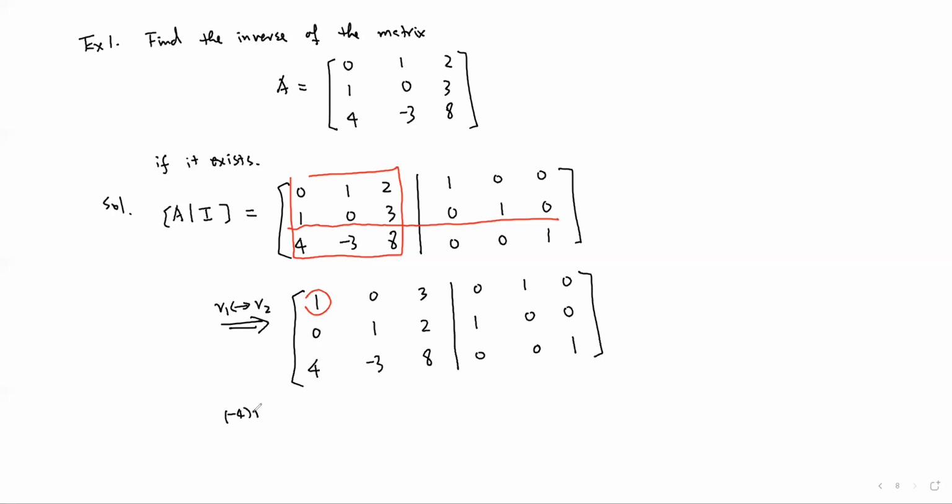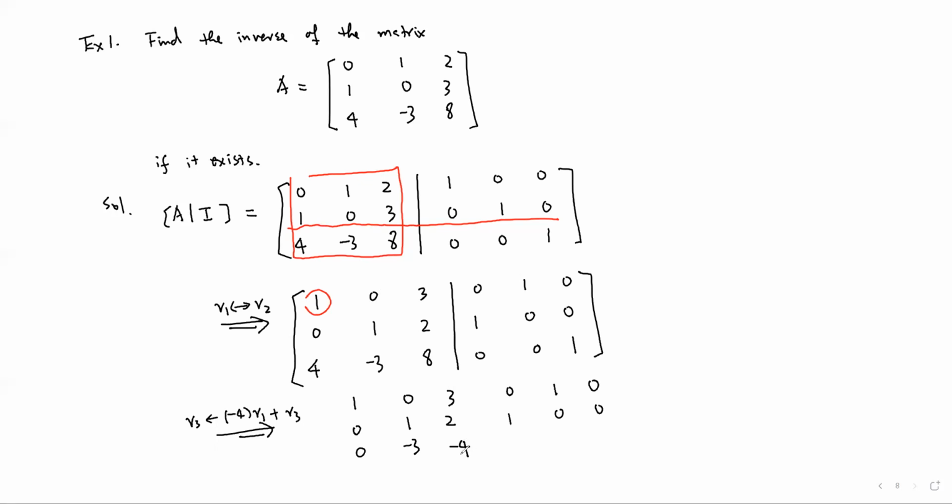Now I can use this pivot entry to eliminate the number 4. -4 times row 1 plus row 3, and put the result in row 3. So row 1 is 1, 0, 3, 0, 1, 0. The second row does not change, but the third row changes. -4 times 1, add to 4, 0. -4 times 0, add to -3, -3. -4 times 3, -12, add to 8, -4.